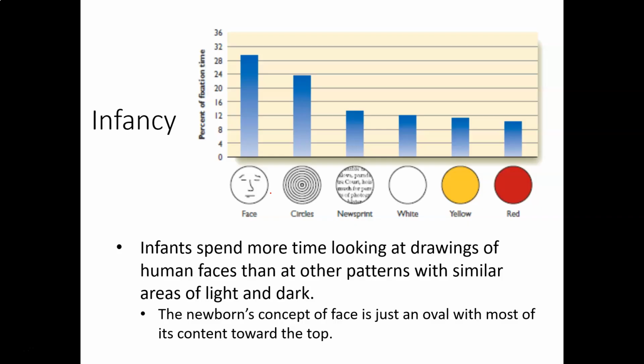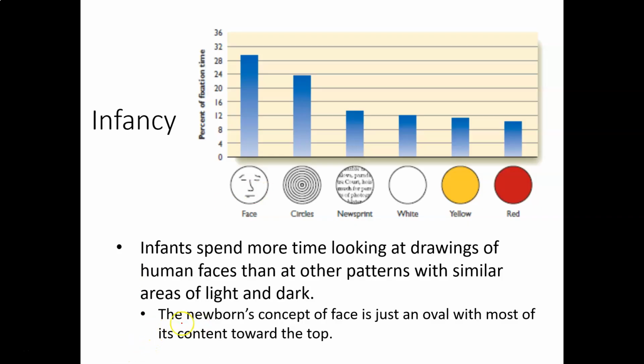And so this suggests that infants have a preference for human faces. And that's not so surprising because we have an entire area of our brain called the fusiform face area that is designated solely for recognizing and looking at faces. And so we preferentially are wired to look for faces and stare at faces longer.